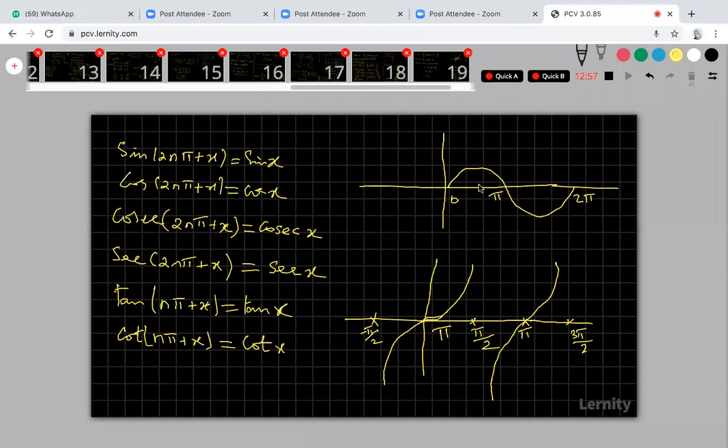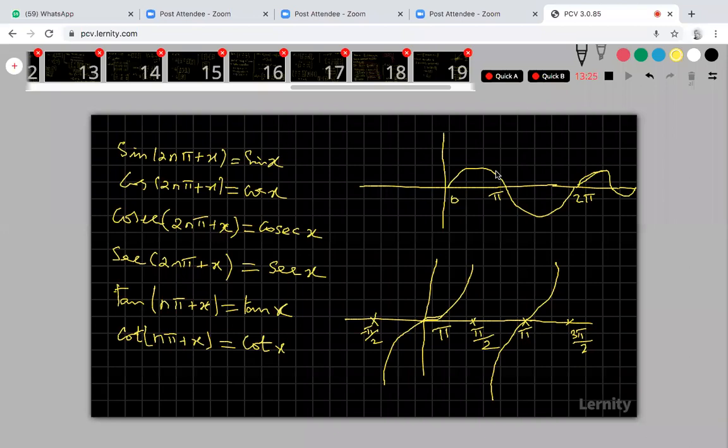So for every 2 pi length, the values are repeating. The same curve, same value repeats from 2 pi to another 2 pi. This is 3 pi, this is 4 pi. So sin x and cos x repeat their values for every interval of length 2 pi.